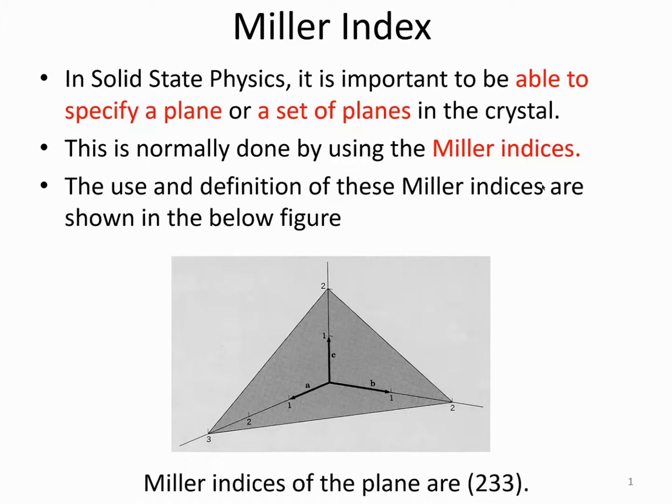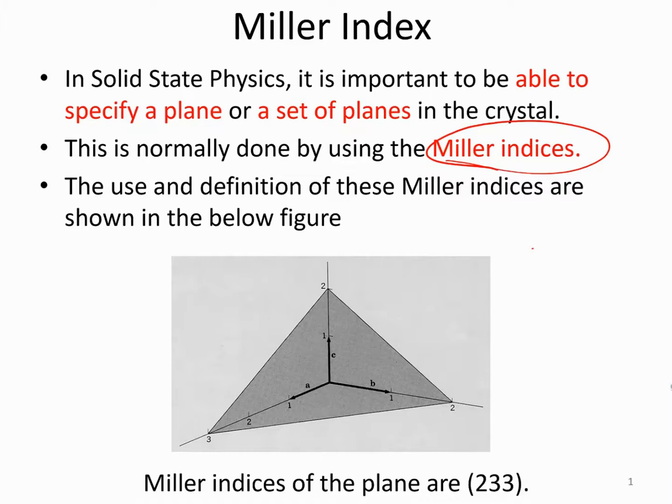All right. So in solid state physics, it's important to be able to specify a plane or a set of planes in the crystal. This is normally done by using the Miller indices. These Miller indices have their own rule to write down the plane. Let's say I want to specify this plane.